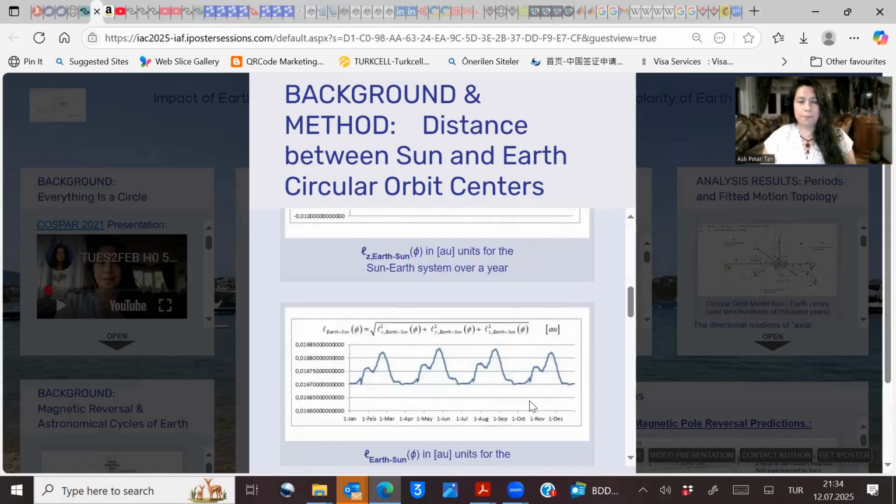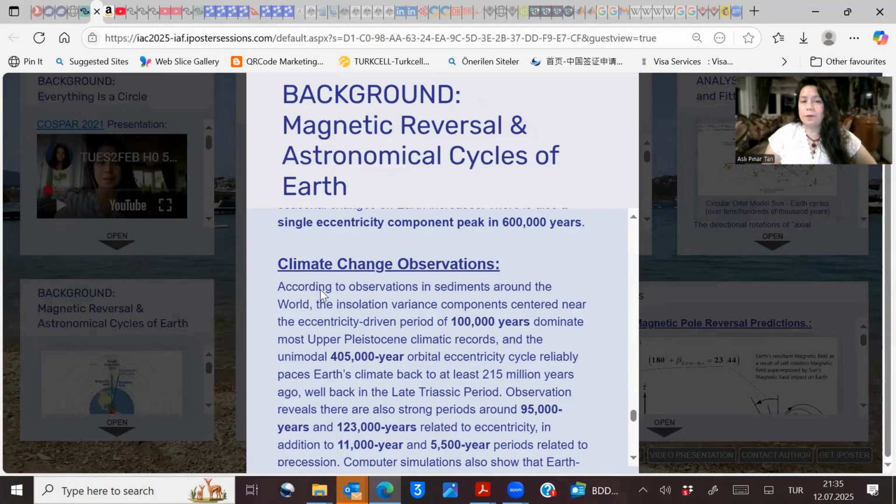According to observations in sediments around the world, the insolation variance components centered near the eccentricity-driven period of 100,000 years dominate most upper Pleistocene climatic records, and the unimodal 405,000-year orbital eccentricity cycle reliably paces Earth's climate back to at least 215 million years ago.